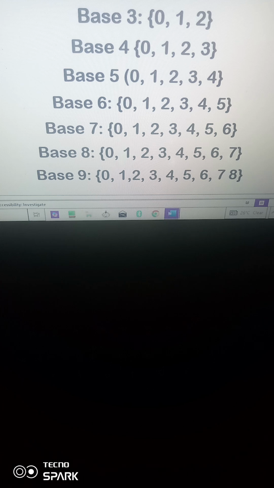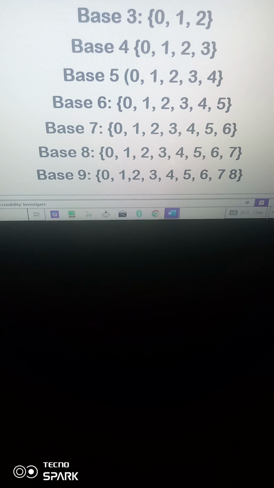For instance, in base 3, the last digit is 2, which is 3 minus 1. And in base 5, the last digit is 4, which is 5 minus 1.